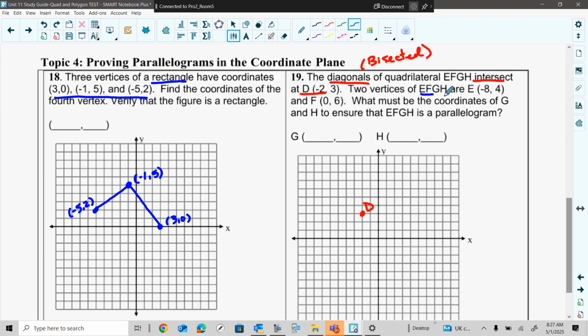Then for the quadrilateral EFG, E was negative 8, 4. That's my E. F is 0, 6. So I'm just going to use my slopes to find the other point, meaning since it's bisected, it will have the same slope.